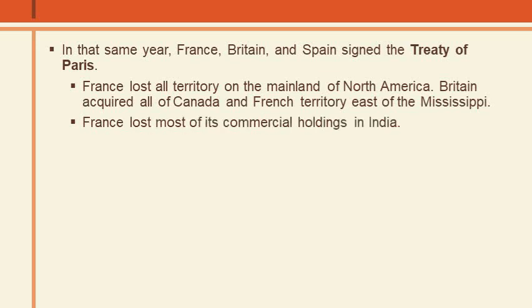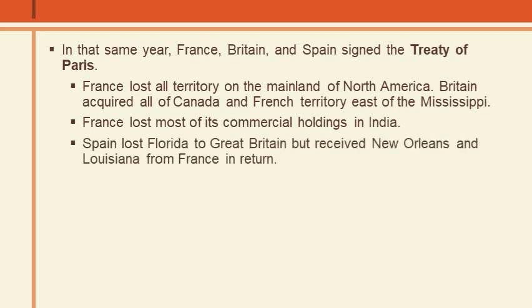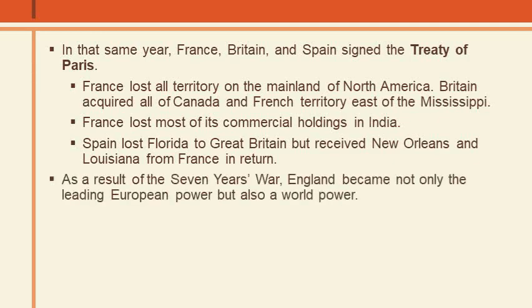They lose what they had gained in the previous war in India. Spain loses Florida, but gains New Orleans and Louisiana. Not that they're going to hold that for very long. So England becomes a world power.